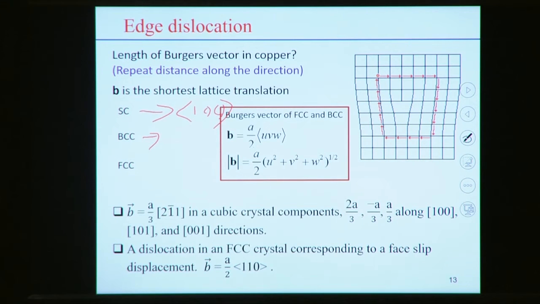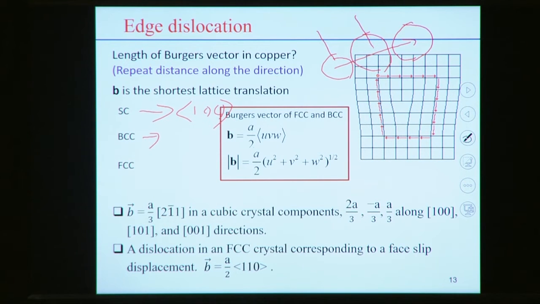Along the body diagonal, the atoms are arranged like this: the corner atom, body atom, and the next corner atom. The representation of the Burgers vector in this case is this distance.